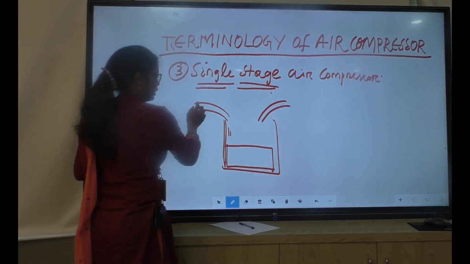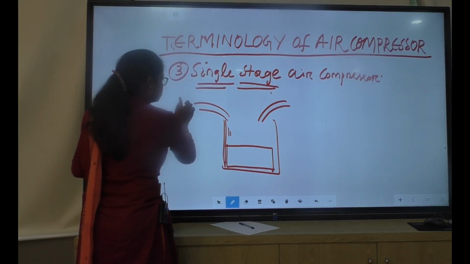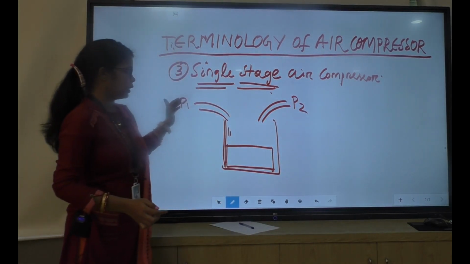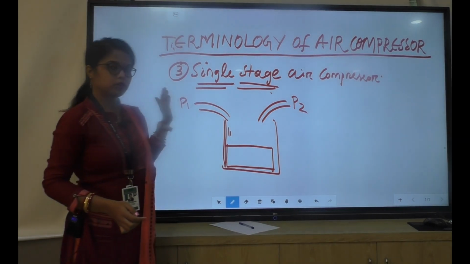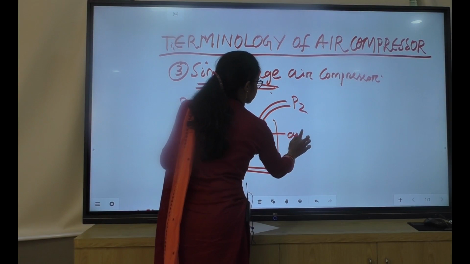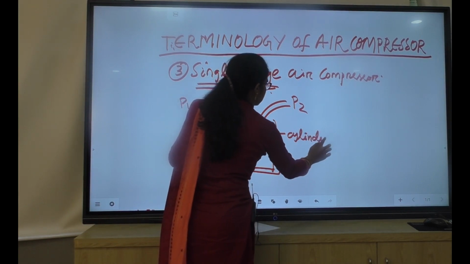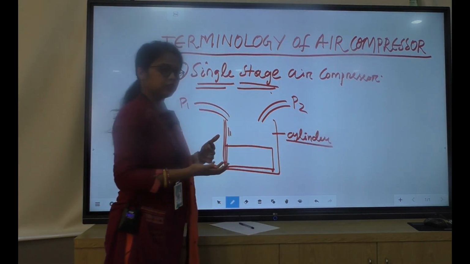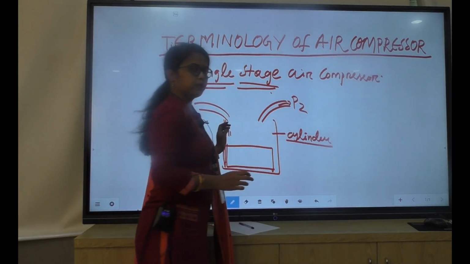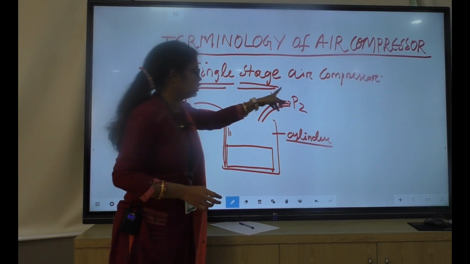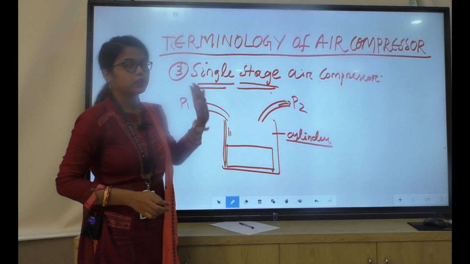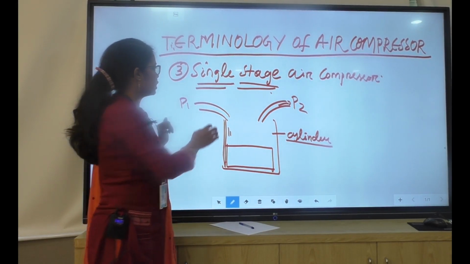Atmospheric air at a particular pressure, P1, is entering into the cylinder, and after the compression process, it is leaving the cylinder at a particular pressure, that is P2. All these things are happening in a single stage. That's why it is called as single stage.